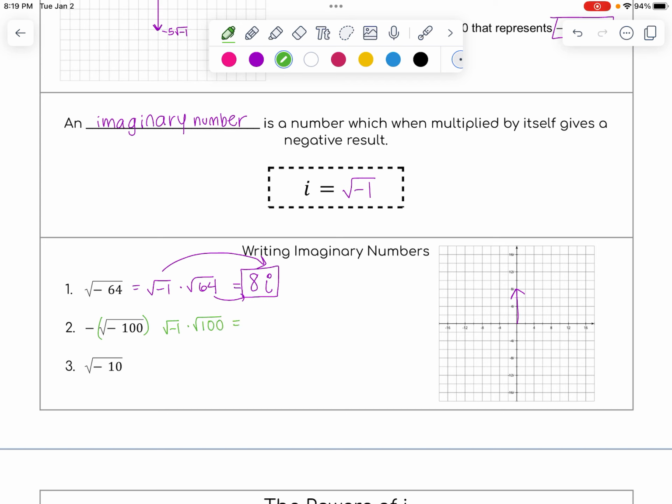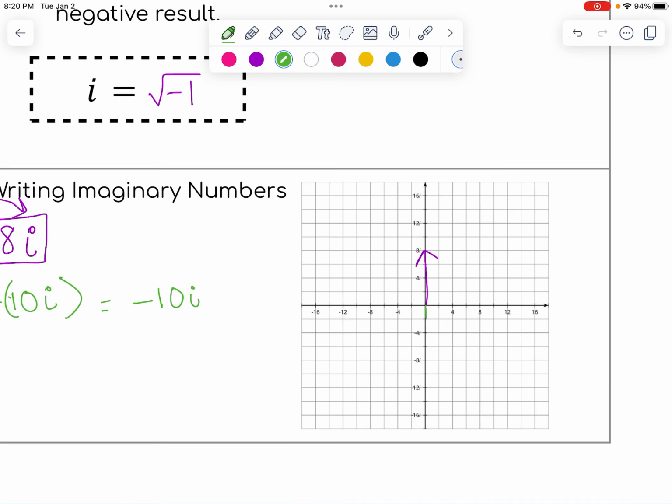That would be equal to 10 is the square root of 100, and then i is the square root of -1. Now, that's still in parentheses. I'm going to bring over that negative from before, and really what we get is -10i. So I'm going to go ahead and plot this on my graph over here. Go down to -10i.